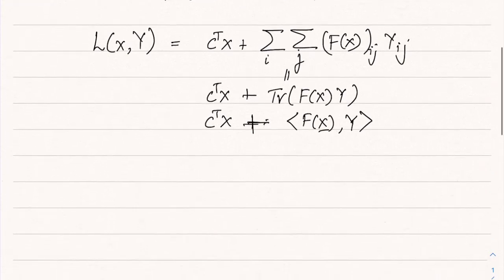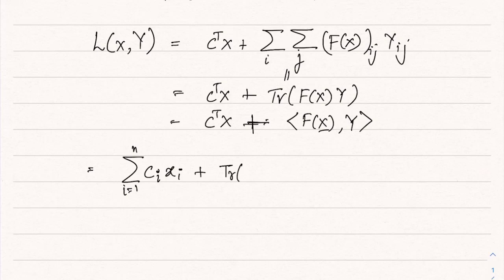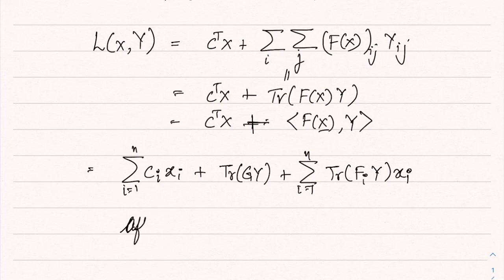And if we expand this Lagrangian, we would obtain the summation over i equal to 1 to n of c_i x_i plus trace of GY plus the summation over i equal to 1 to n of trace of F_iY times x_i. So this is the expanded version. Now, an interesting thing to observe here before we proceed further is that the Lagrangian is affine in x.